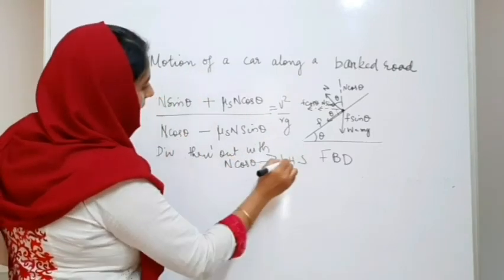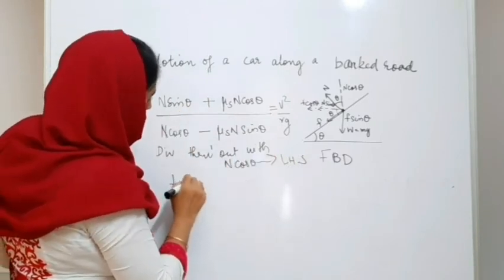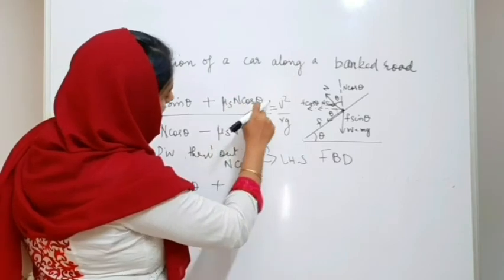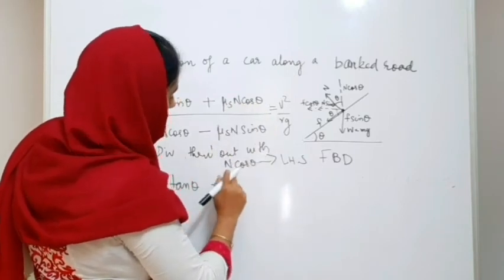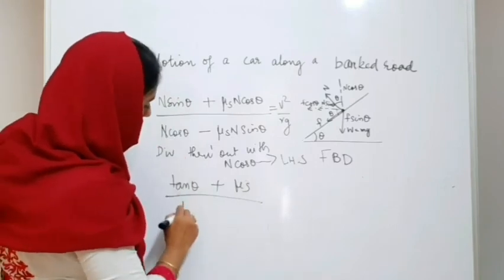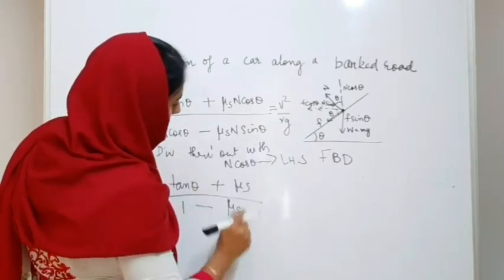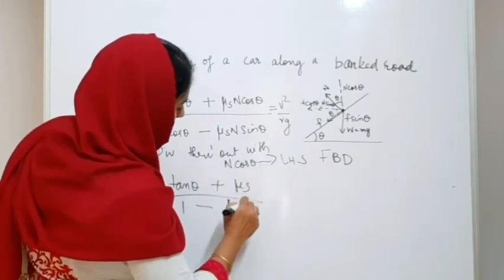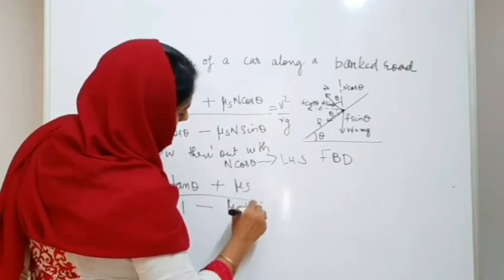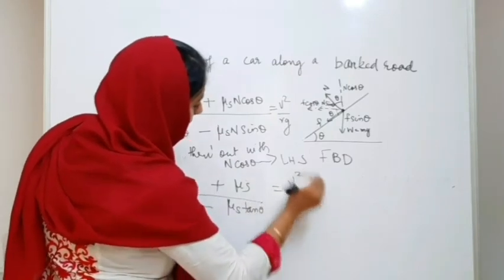N sin theta divided by N cos theta will be tan theta, plus mu s N cos theta divided by N cos theta will be mu s, divided by N cos theta divided by N cos theta, which will be 1, minus mu s into N sin theta divided by N cos theta, which is again tan theta. N gets cancelled, and on the right hand side you have v square by rg.